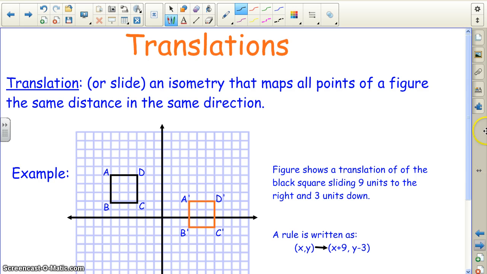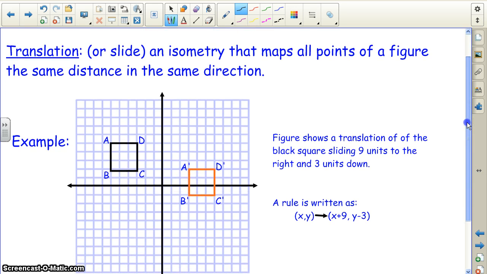Alright, so let's look at translations and what happens on our coordinate grid. All a translation is, is a slide, which is an isometry because the figure doesn't change size. It maps all points on the figure the same distance in the same direction. So if I want to move a figure like this example here, it says we're going to slide 9 units to the right, 3 units down. It's just like what you think about with slope.